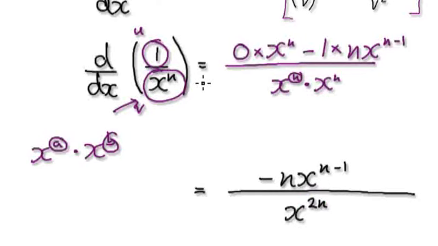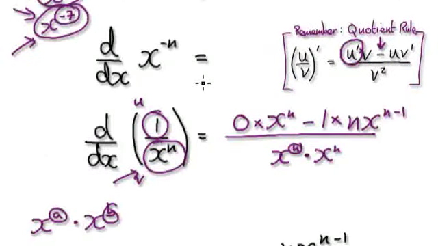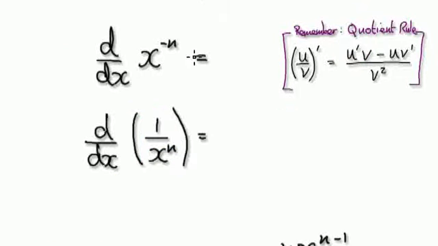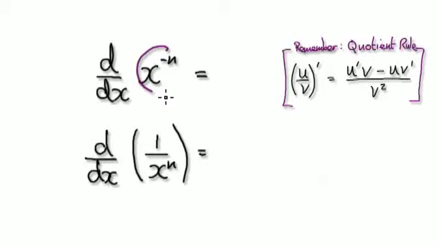Remember we started out with this here. And remember that n here is for 1, 2, positive whole numbers.